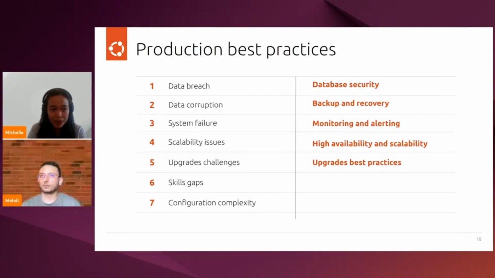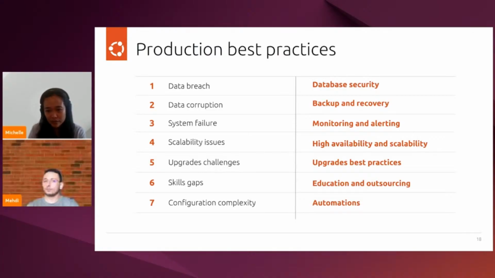Skills gap, of course, can be addressed through education and outsourcing. But what if you actually have a specific tool that automates things for you and helps your team focus more on creating value out of OpenSearch rather than fixing issues on OpenSearch? And lastly, the configuration complexity, and through automation, how to put things in place that make it easier.